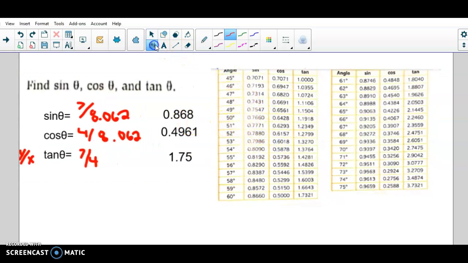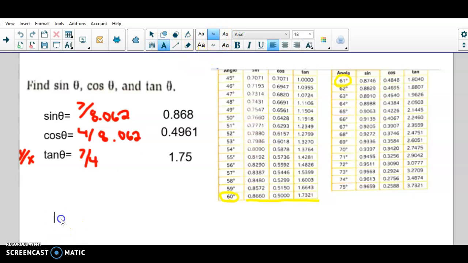So 0.868, 0.867, maybe around here, and about this. I would say between 61 and then 0.87 is a little more, 0.48. Yeah, it's somewhere between 60 and 61 degrees. It's going to be a decimal. We can estimate that it's between 60 and 61 degrees.